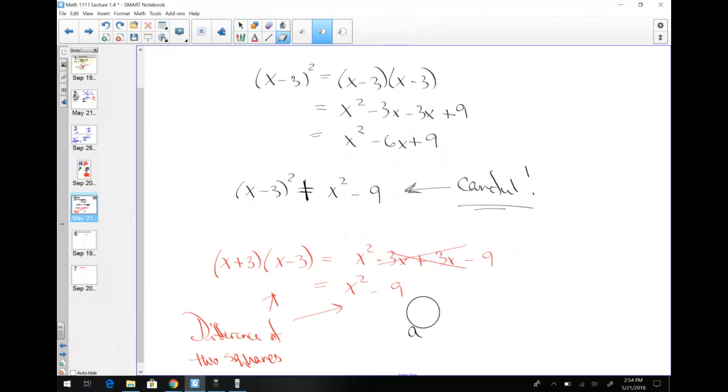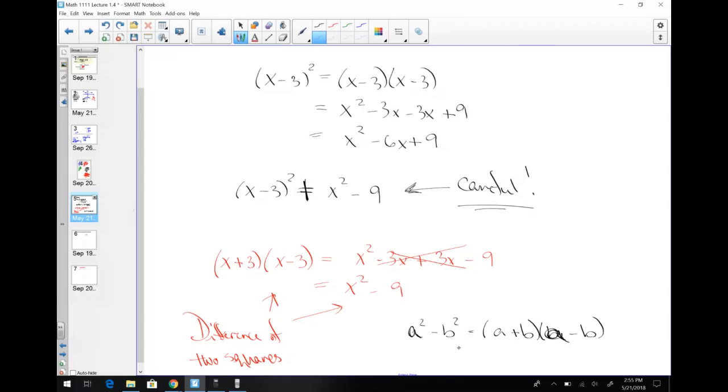Okay, so you guys remember that this formula holds true. You want to note that a squared minus b squared equals a plus b times a minus b.